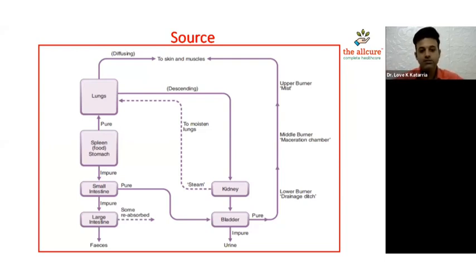The lungs have a descending and diffusing function. In that diffusing function, the pure part of the body fluids is diffused like a mist to the skin and muscles along with the defensive chi.